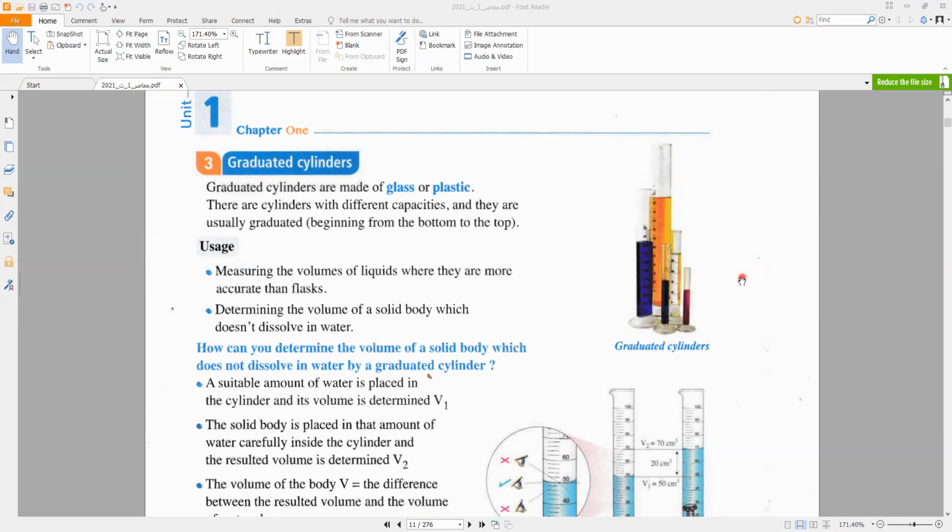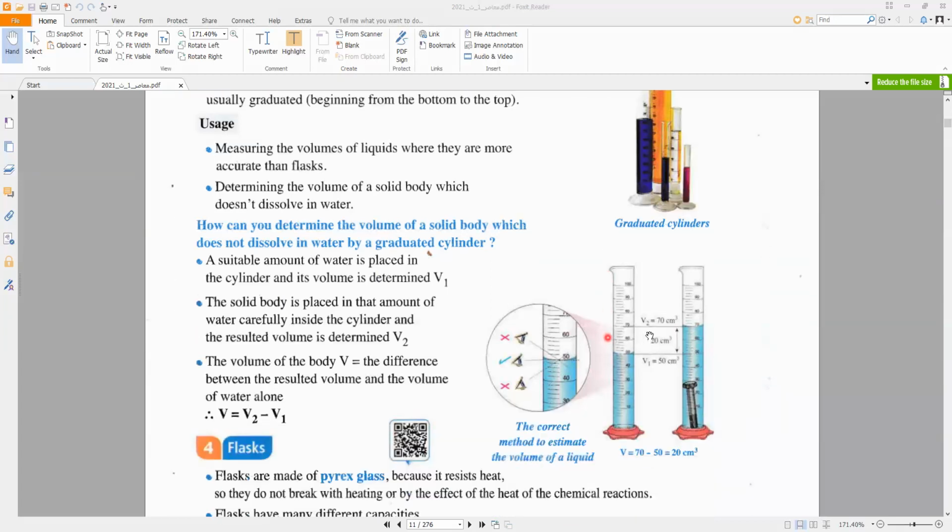So the amount of water which rose up in the graduated cylinder is the volume of the key. So to measure the volume of an irregular substance, first we note the volume of liquid before putting in the key, and then we calculate the difference between the new volume and the old volume, V2 minus V1.